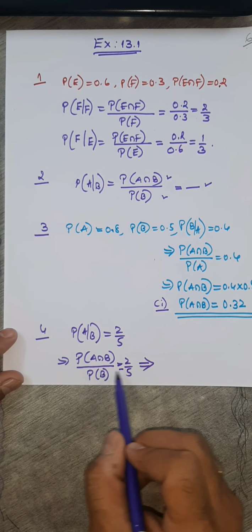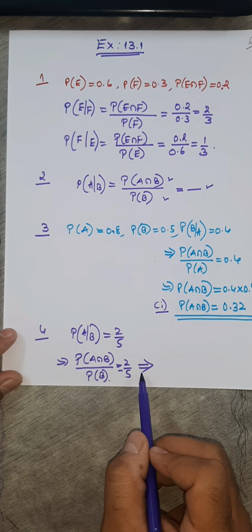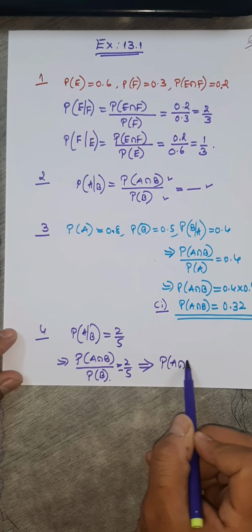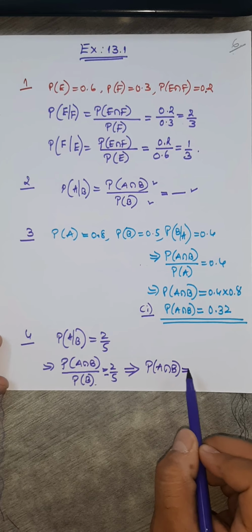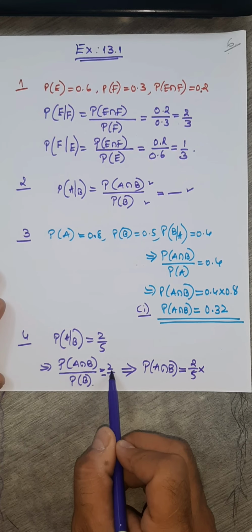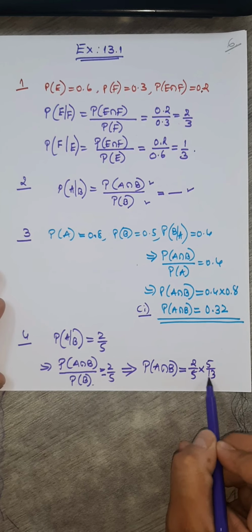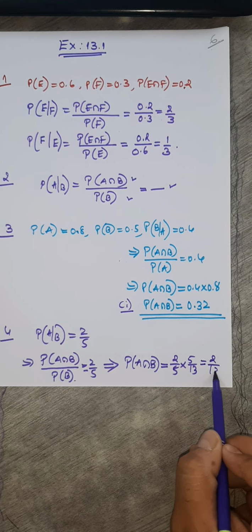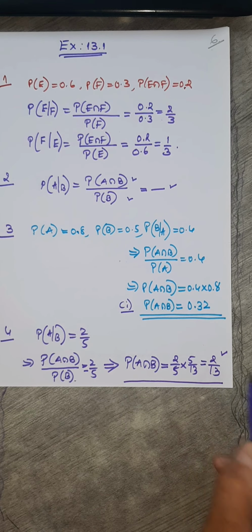So from this, you know P of B. What is P of B? It is 5 by 13. So we'll get the A intersection B from this. That is 2 by 5 into P of B. If I take it on the other side, it will be 5 by 13. So from this, you will get 2 by 13. That is the value of the intersection.